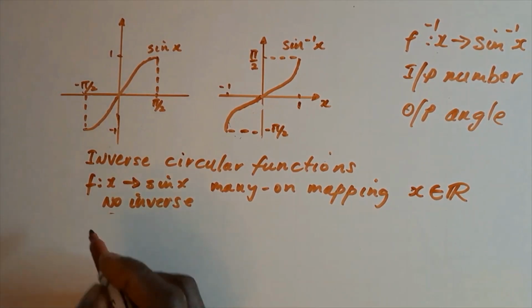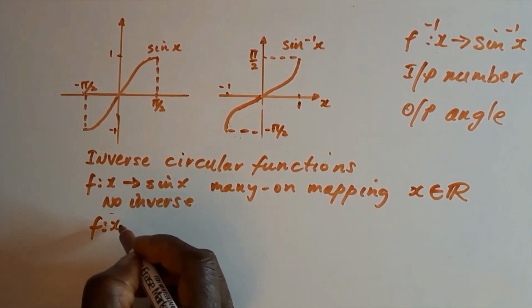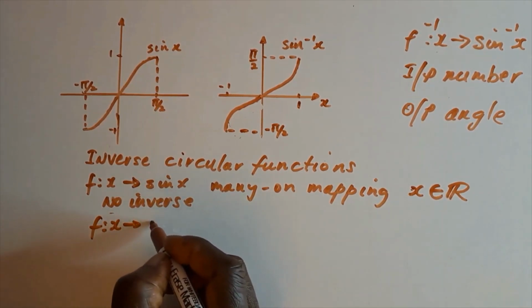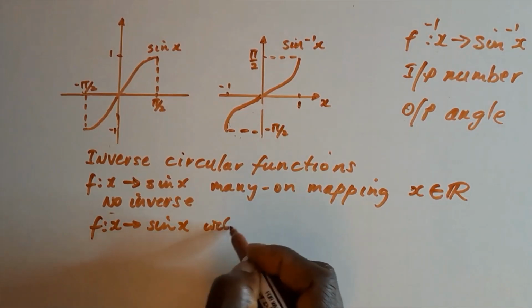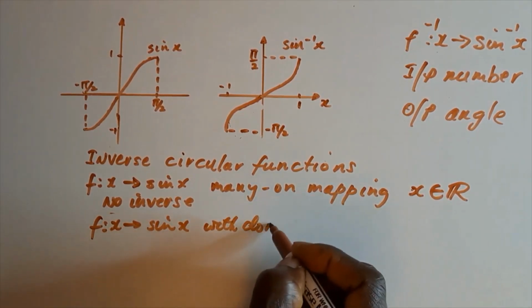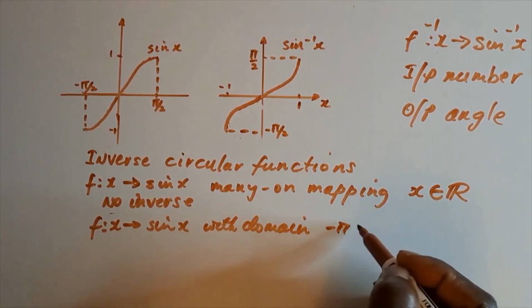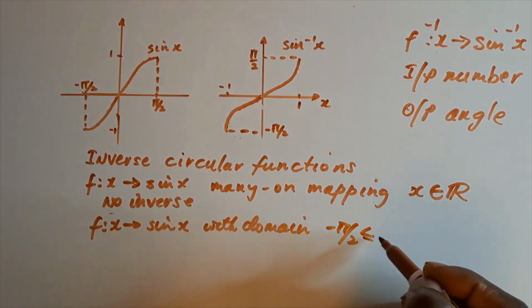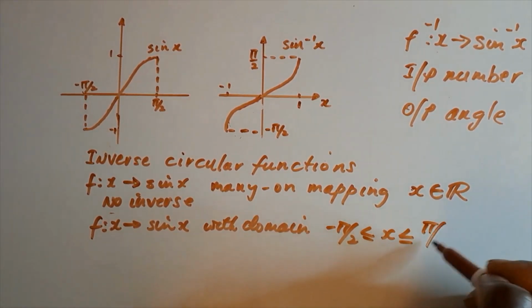So now we can define f to be a mapping of x to sine x with domain minus pi over 2 to pi over 2.